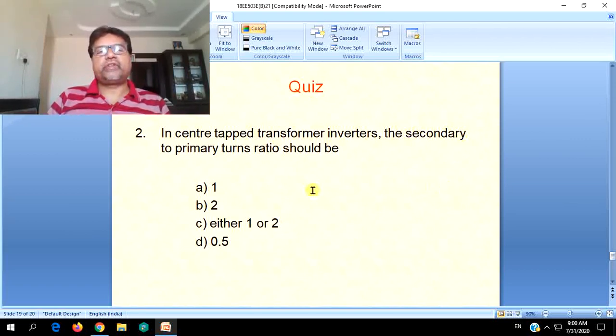So it is 0.5. Secondary voltage is VDC, primary voltage is 2 VDC, so the ratio will be 0.5.